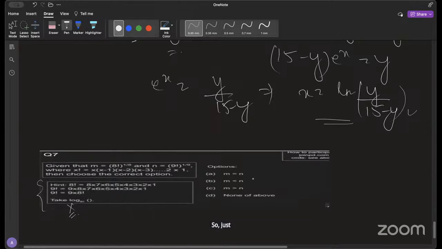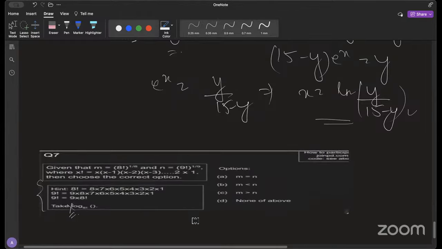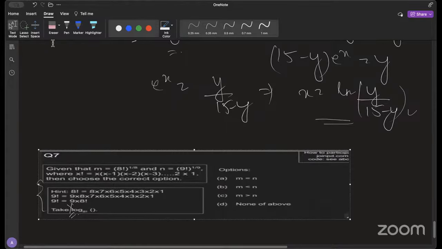So just avoid this hint and try to do this question. If someone feels that they can use the hint, then they can find the answer using the hint.